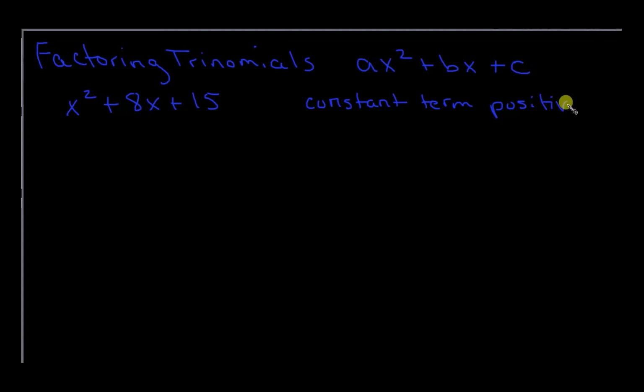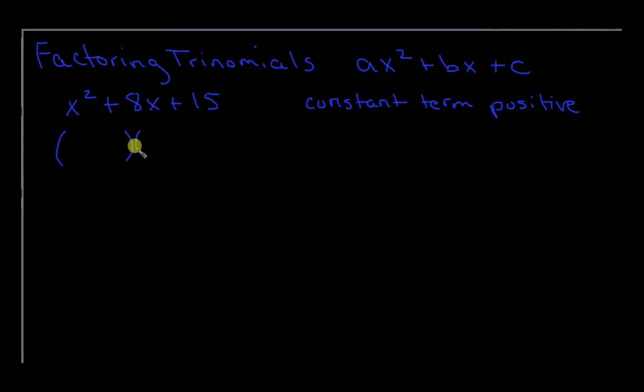Now, here's the goal. You know that you have x squared here. How did you get that? You took x and multiplied it by x. So your goal when factoring a trinomial is to break it into two binomials.